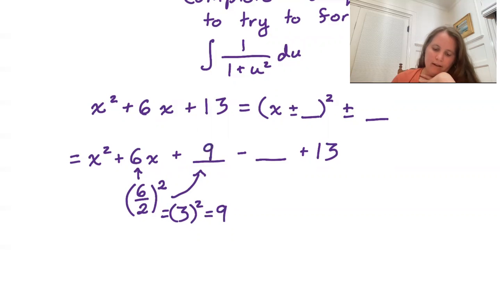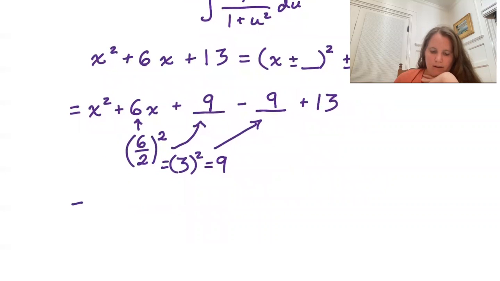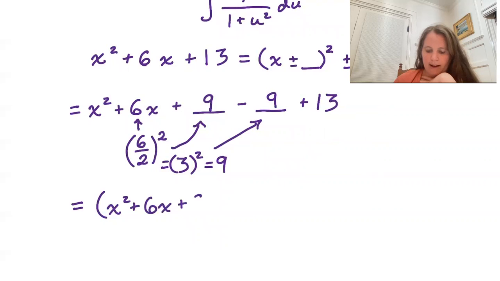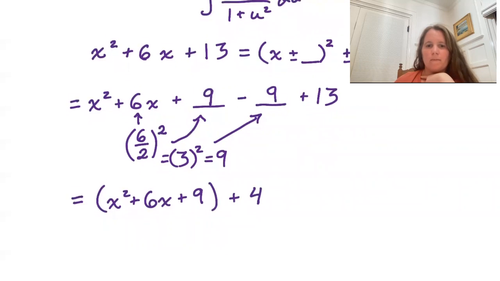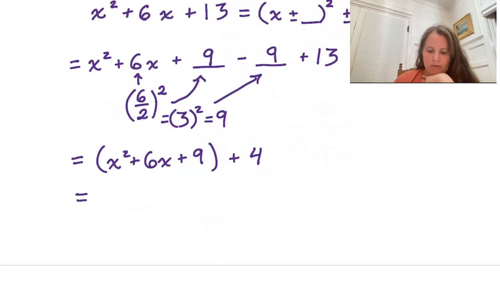So we are going to add a 9 here, and then we will subtract the 9 to counterbalance it. Now x squared plus 6x plus 9, we can factor. And then minus 9 plus 13 becomes plus 4. So this now, x squared plus 6x plus 9, is actually x plus 3 squared. And then we have plus 4 on the end.